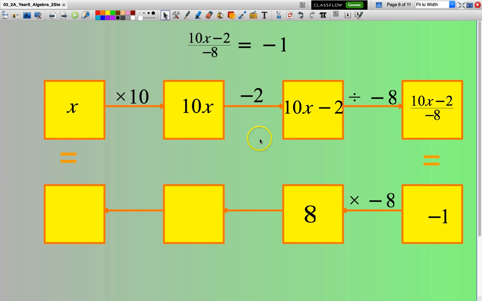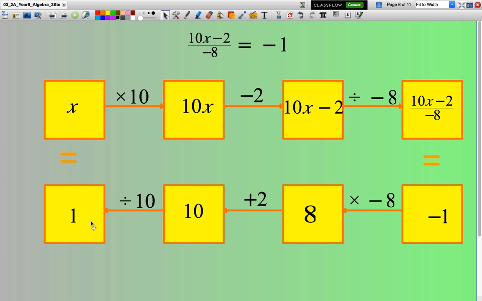Then I need to perform the opposite of taking away 2, which is plus 2. So 8 plus 2 is 10. Now I need to perform the inverse operation to multiplying by 10, which is dividing by 10. 10 divided by 10 equals 1.